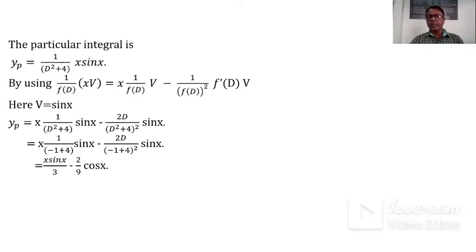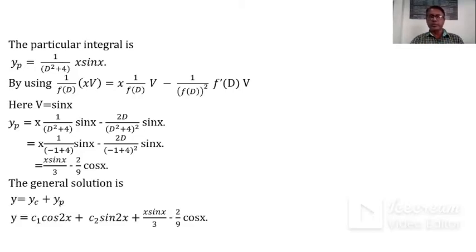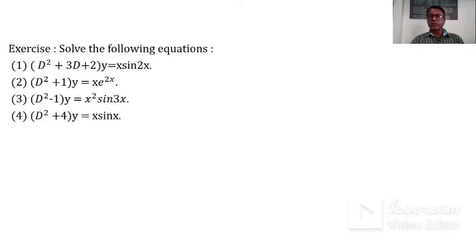This is yp. And therefore, we write the general solution y is equal to yc plus yp. Therefore, y is equal to c1 cos 2x plus c2 sin 2x plus x sin x upon 3 minus 2 upon 9 cos x.